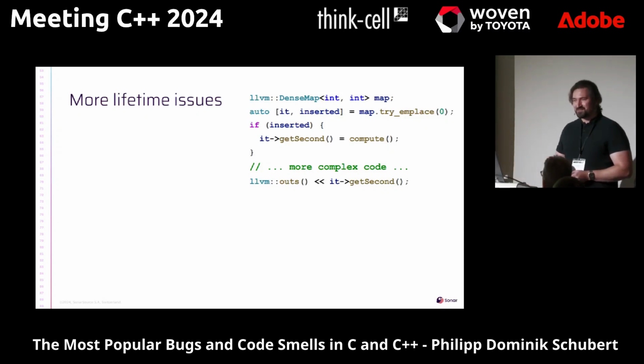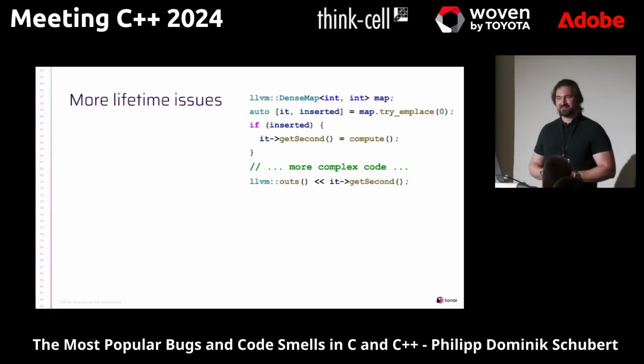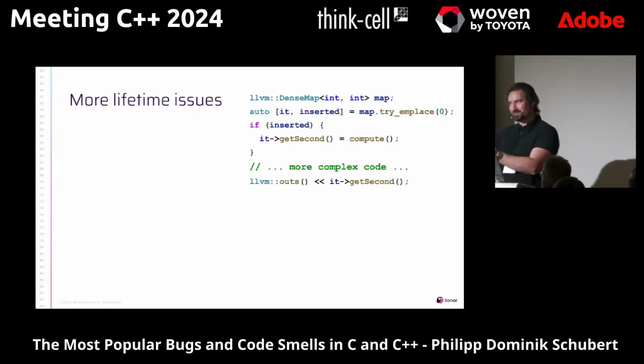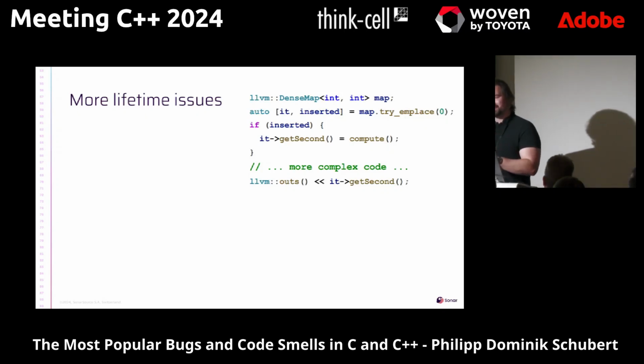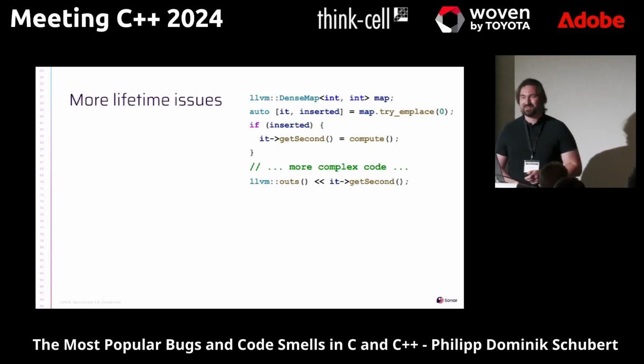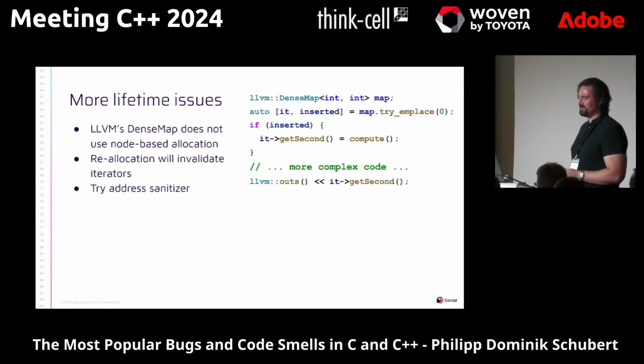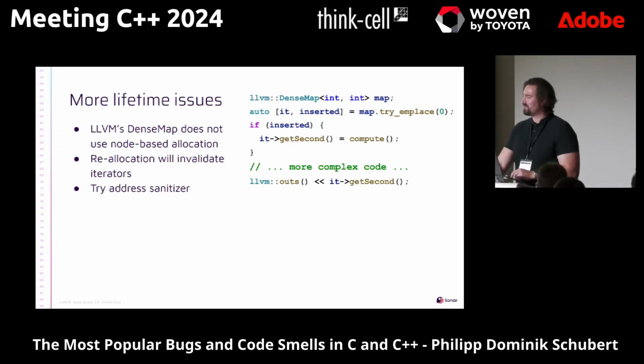And now I have to tell you, that map implementation doesn't use node-based allocation, but instead it allocates whole chunks and puts in key-value pairs. And if that chunk is no longer sufficient because you add more, then it allocates more and copies your stuff to yet another place, right? So it reallocates, and that was kind of a disaster because here that iterator was invalid at that point.